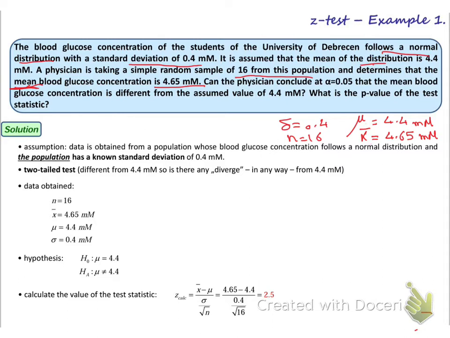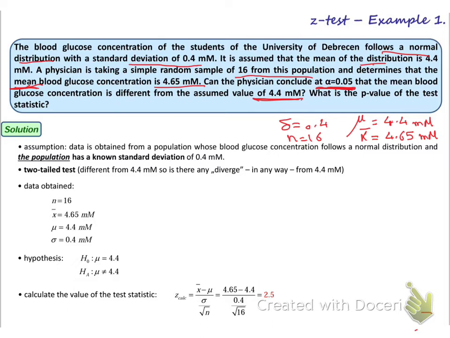The question is, can the physician conclude at alpha equals 0.05, the rejection percentage, that the mean blood glucose concentration is different from the value 4.4, which is the mean I have here? So can he conclude that it is different or not?